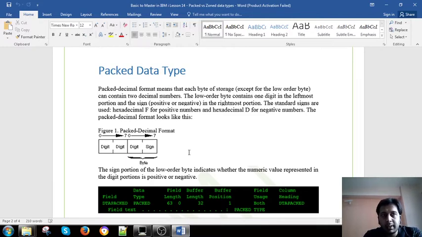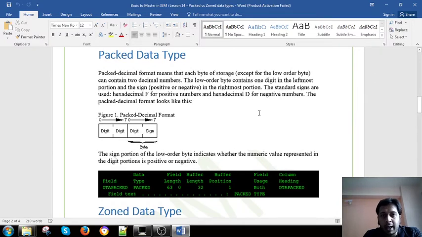We have 3 digits and one sign, so 2 bytes can be used. And if we declare a length of 4, we need one more byte for the sign, so 3 bytes need to be used.